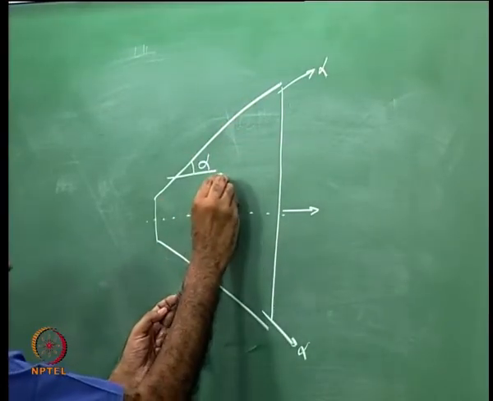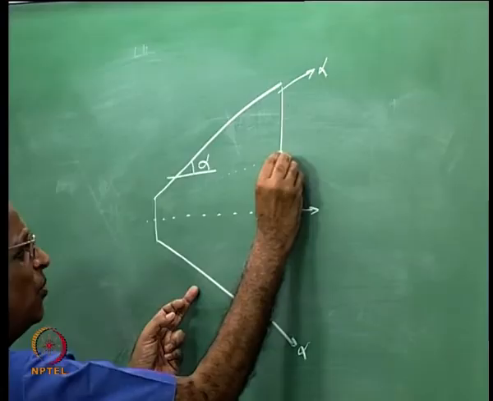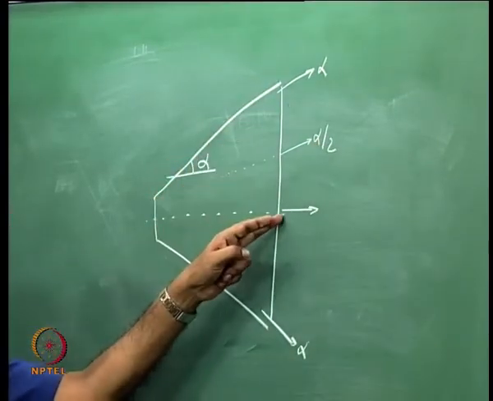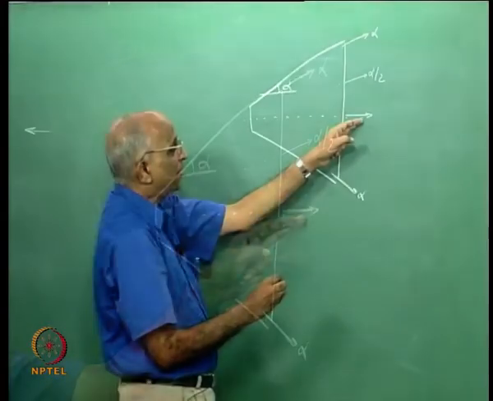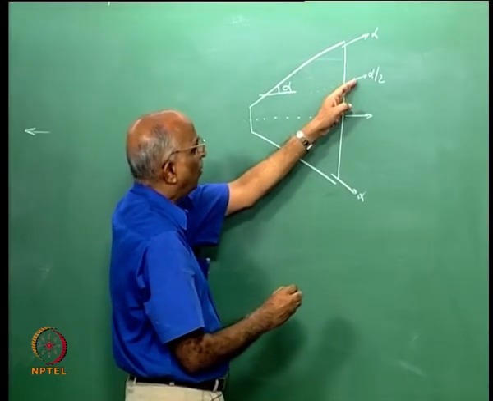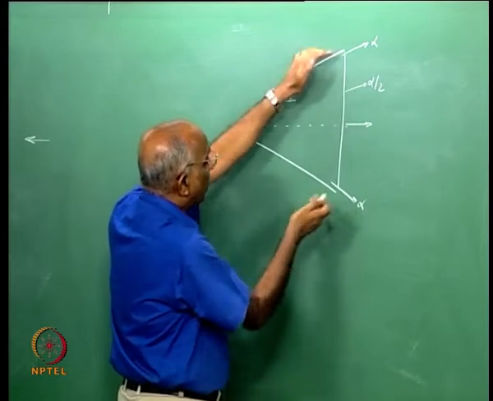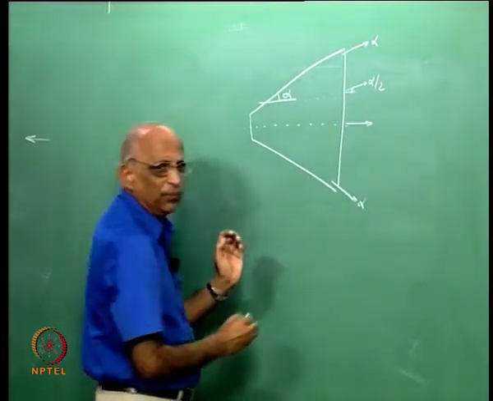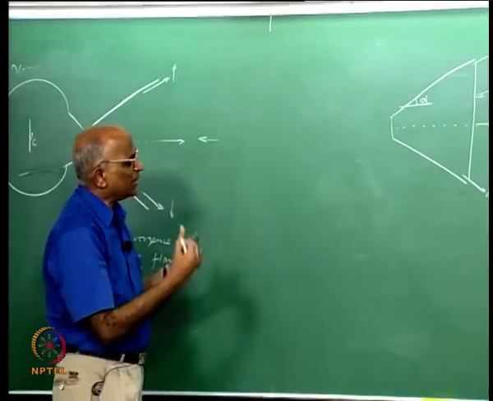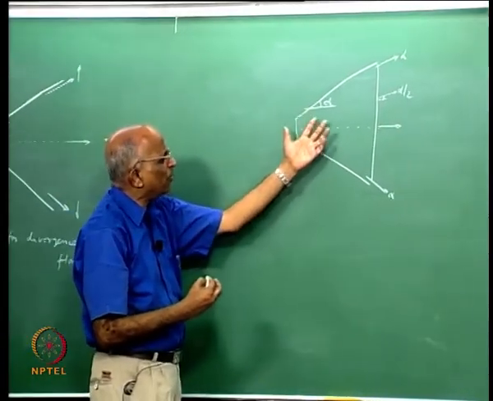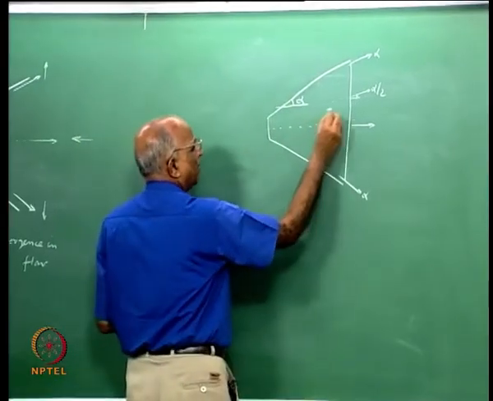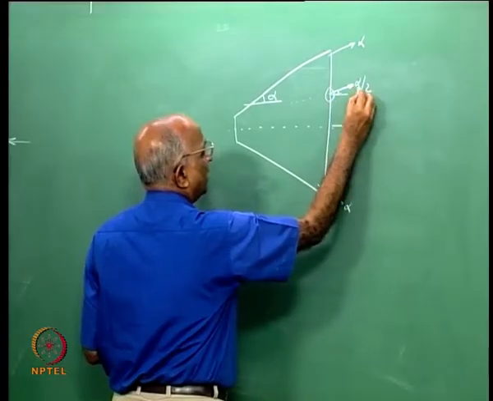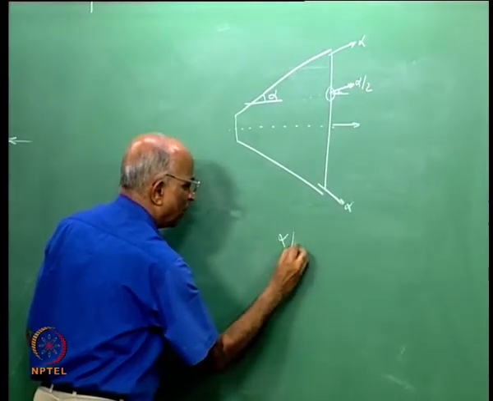Maybe if I consider on an average, the flow may be alpha by 2, because here it is alpha, along the center line of symmetry it is axial. Maybe the average value of the flow, or on an average the entire flow, we can say goes through alpha by 2. I can do it rigorously, but this is sufficient for me to give an answer. In other words, on an average the flow leaves at an angle equal to alpha by 2.